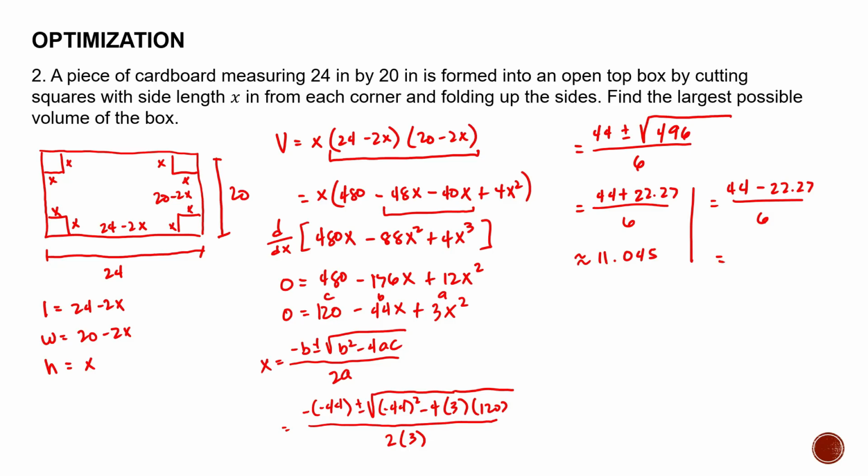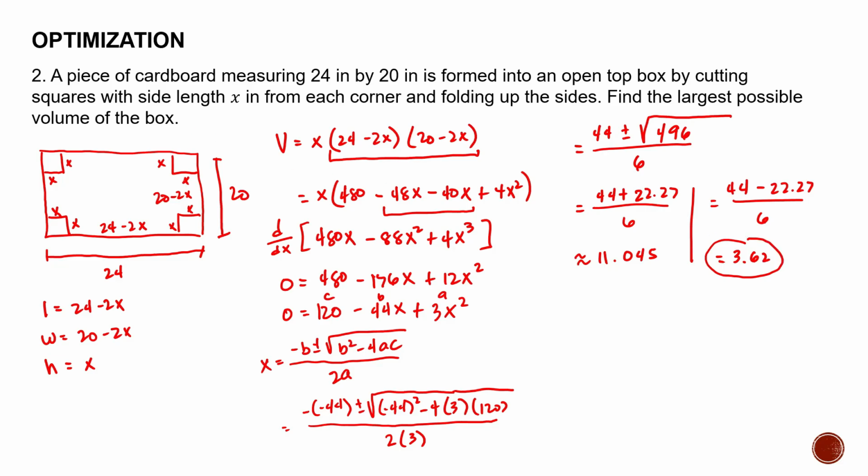And then this one, 44 minus 22.27 divided by 6, is approximately 3.62. Now, obviously, we will use the smaller one for this.